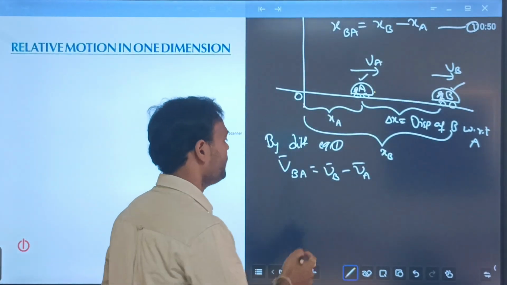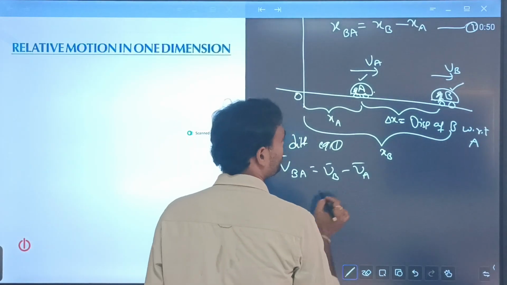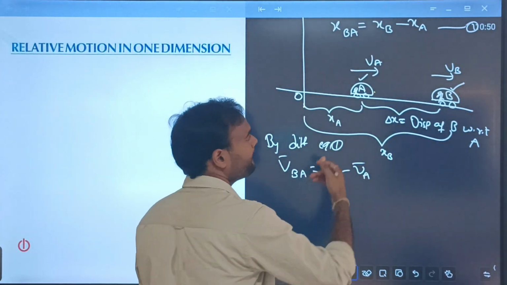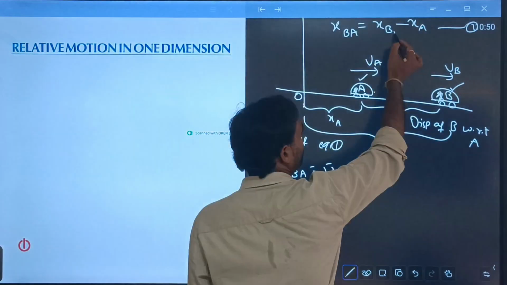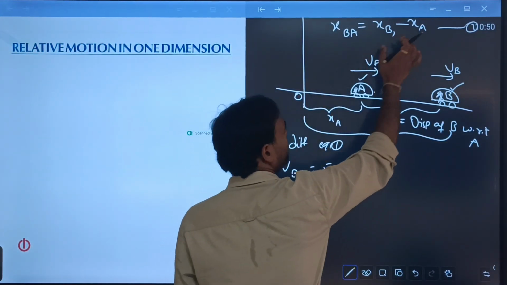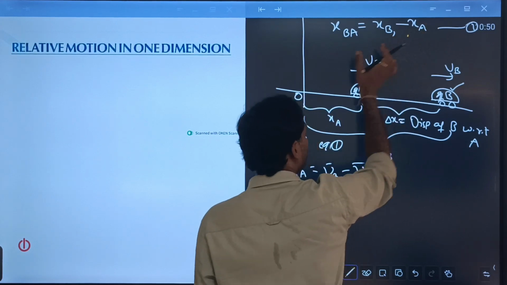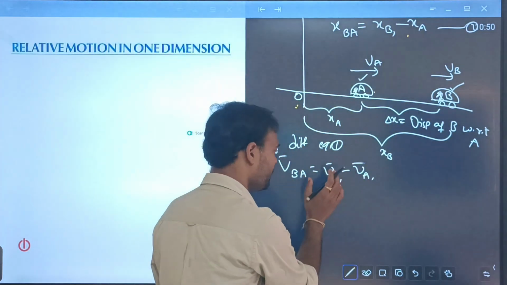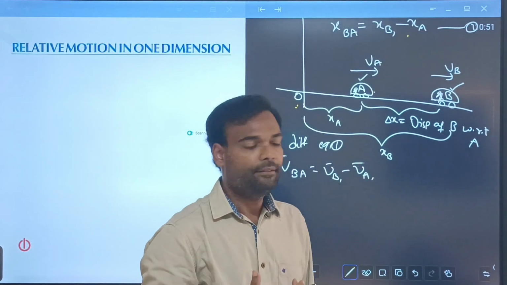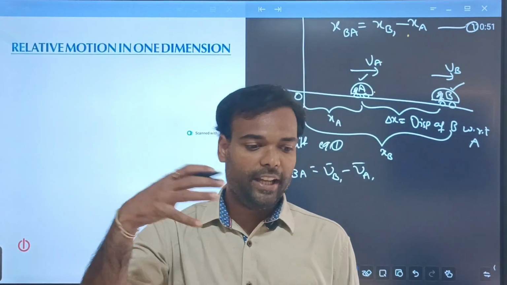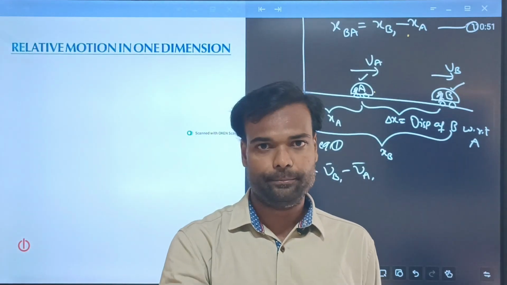That means velocity of B with respect to A. And understand very carefully here: this is the displacement of point B from the origin, this is the displacement of point A from the origin. Similarly, these are the velocity of B from the origin and the velocity of A from the origin. From the origin means from where the original observer is present.